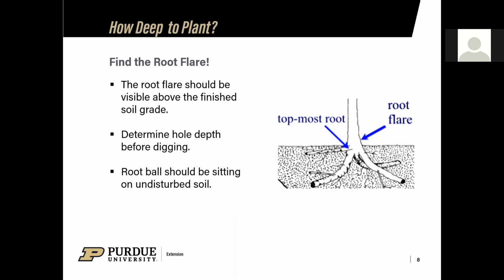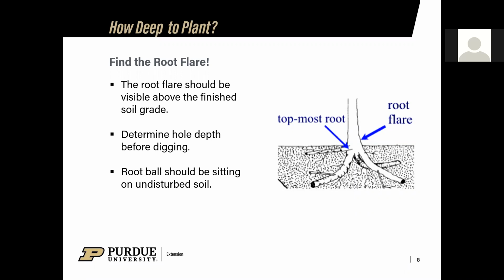When you're planting this, again, I mentioned before, we want to plant trees at the same level they were growing before. So if you look at a tree in nature, it's not a telephone pole that just goes down into the ground. It has that root flare down at the base where that trunk gets wider and broader as it goes into the soil.